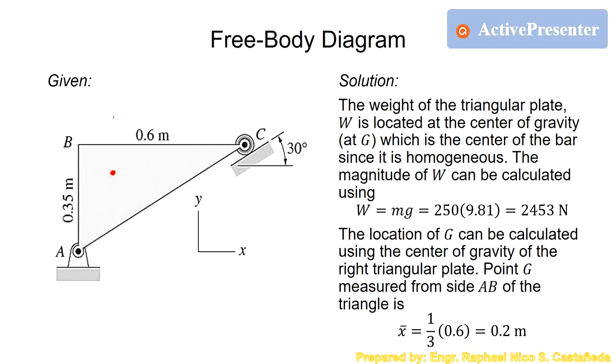Using the formula for the center of gravity of a triangle, if this is B, then this one right here must be 1/3 of B. If this is H, this one right here is 1/3 H. The other side is 2/3 B, and the other one is 2/3 H. This will be the location of the weight, this one right here, which is 2453 newtons.